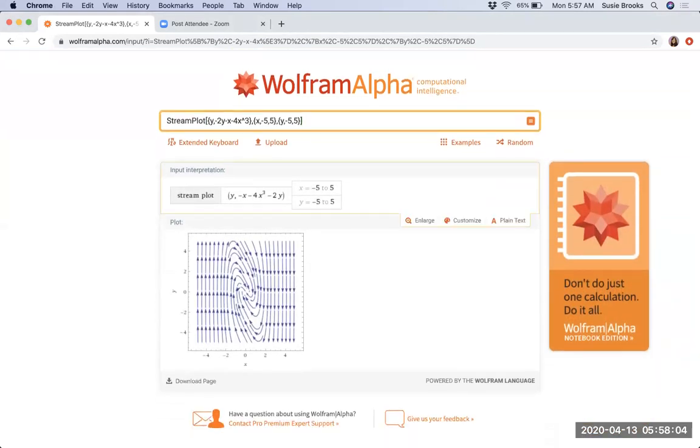All right, and so you can see what's happening here. It looks like a very elongated elliptical spiral, and you can see these solution curves emanating towards our critical point. So I'm just going to essentially copy this picture over onto my notes here. So let me go back to my notes.